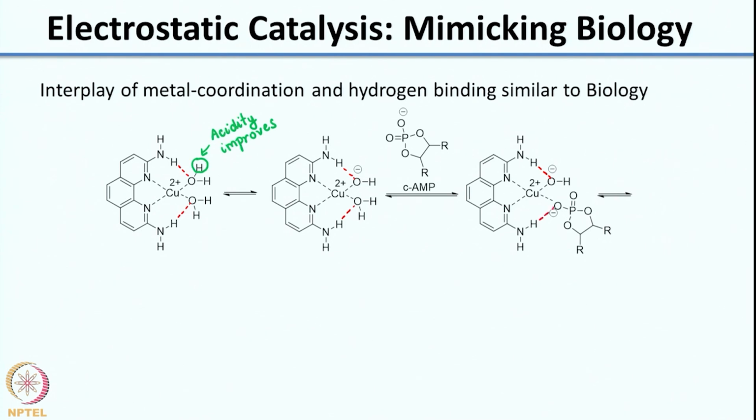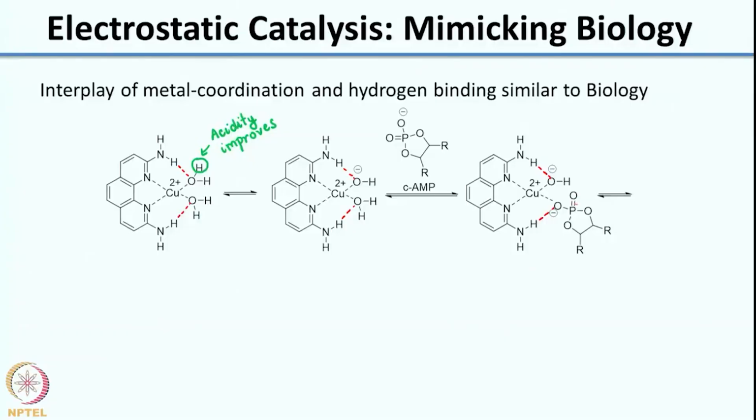So now that you have your cAMP bound to your catalyst, you also have your nucleophile in close proximity. So here again you see proximity also playing a role in enhancing the catalysis, and the metal ion is helping polarize this bond so that it can add to this phosphorus center.